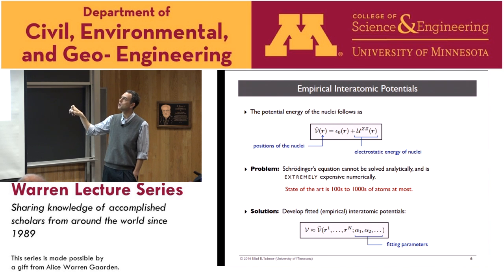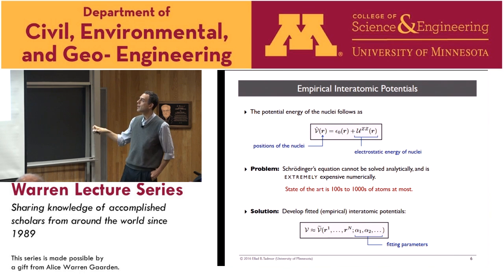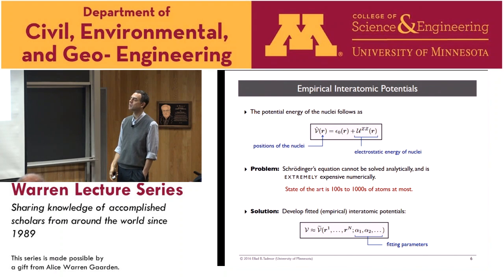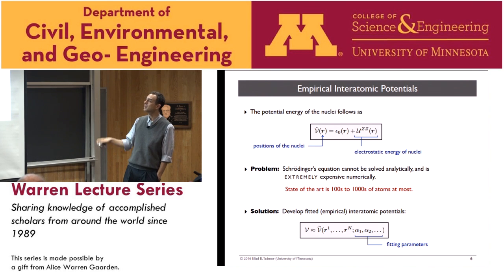We don't know what this is, so we invent a functional form, v tilde, which depends on the positions, but also some parameters. And that functional form is really like a constitutive relation in mechanics. It's trying to model the interactions between the atoms using some phenomenological form with parameters that you then fit to more fundamental models, either DFT or experiments.